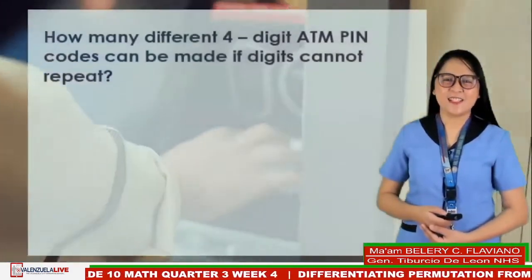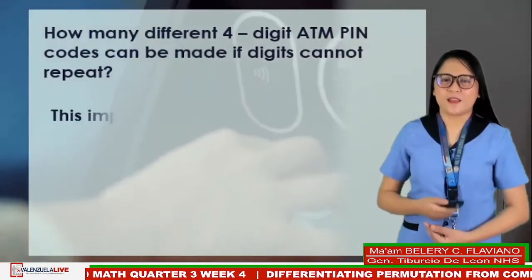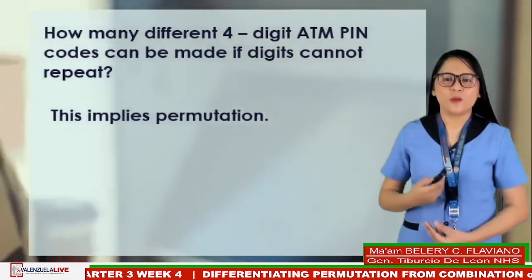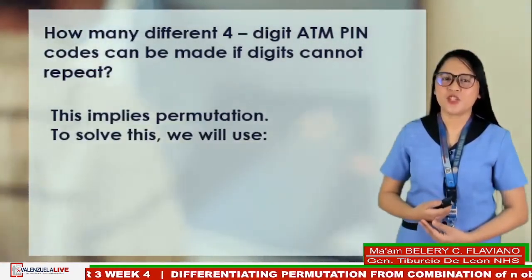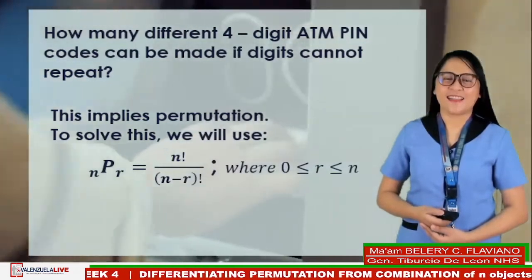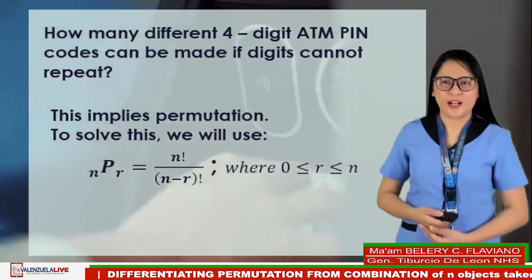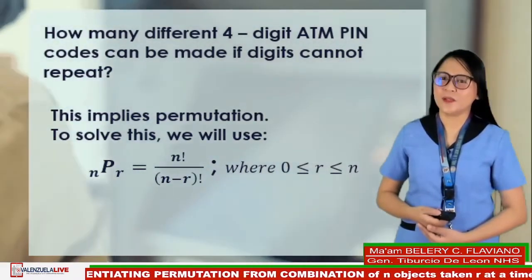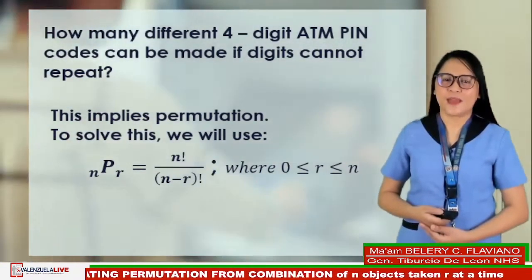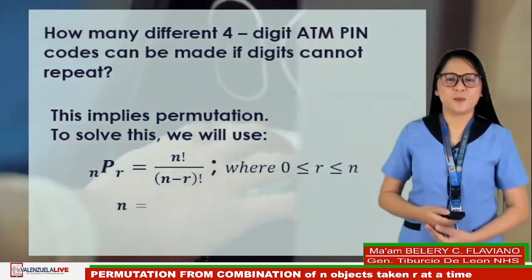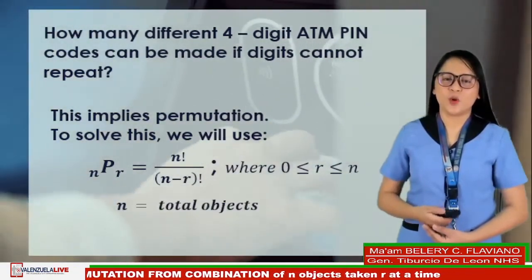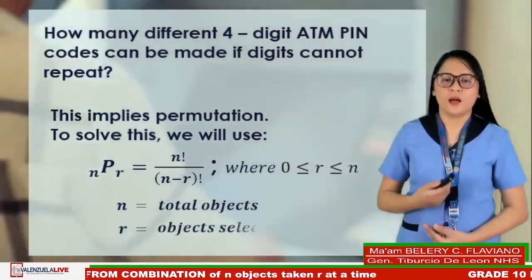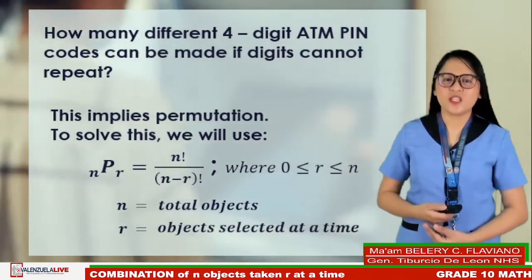Let's answer this problem. Okay, now this problem implies permutation. To solve this, we will use the formula for permutation of n taken r, and that is equal to n factorial over n minus r factorial, where r is greater than or equal to 0, but less than or equal to n. In this problem, the total objects are the numbers on the numpad, while our r here will be the digits selected at a time.